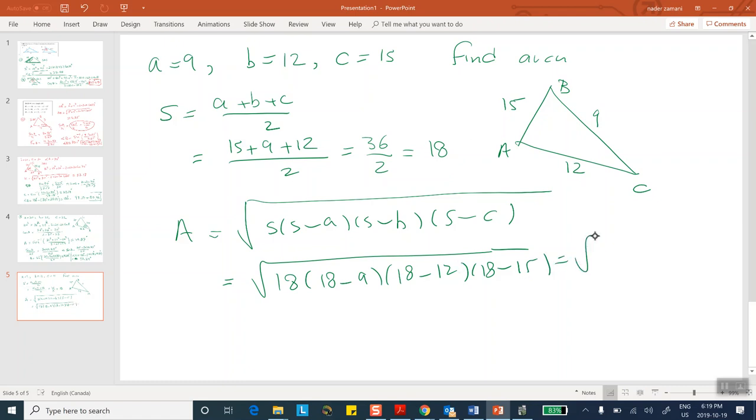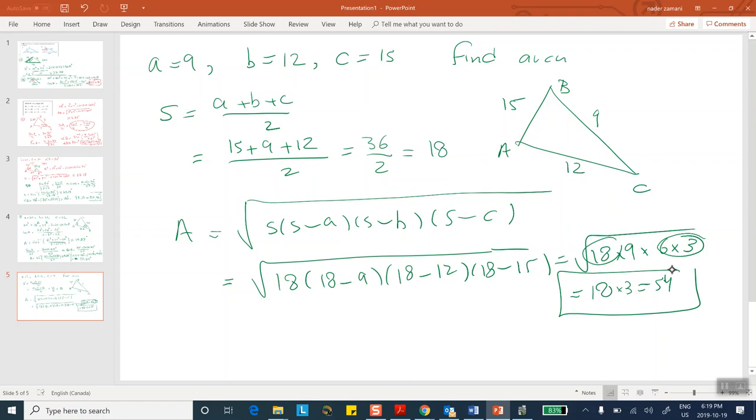And this is square root of 18 times 9 times 6 times 3. Notice that 18 times 18 comes out, 9 comes out, and 54.